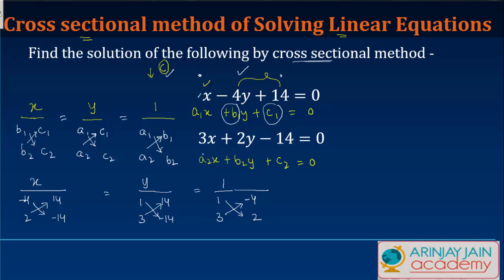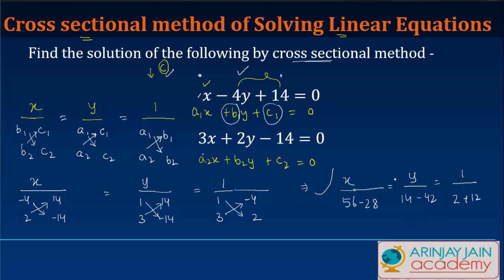So you get minus 14 into minus 4 gives you 56, minus 14 into 2 gives you minus 28, so x upon 56 minus 28, is equal to y upon 14 times 1 gives you 14, minus 42, 14 into 3, which is equal to 1 upon 2 ones are 2, minus 4 into 3 gives you minus 12, so plus 12.